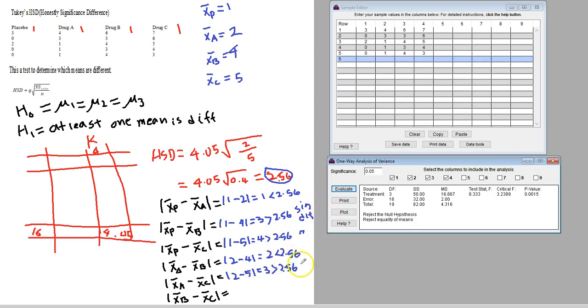So there is a significant difference between drug A and C. And finally, drug B and C, which is 4 minus 5, equal to 1, which is less than 2.56. So no significant difference there.